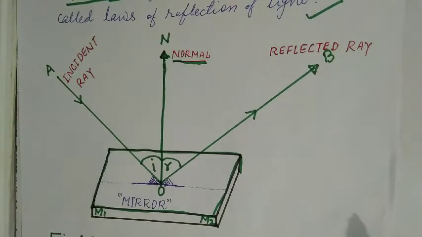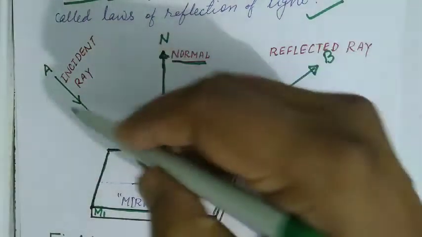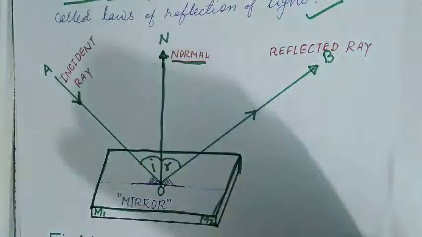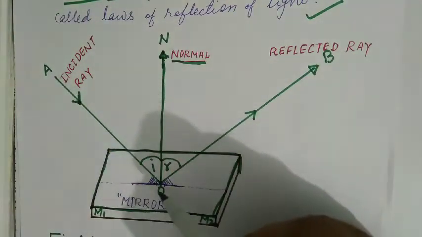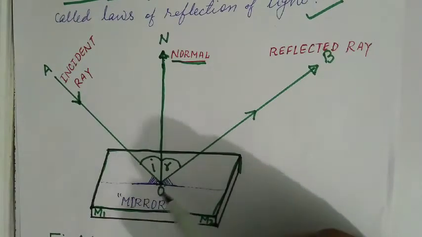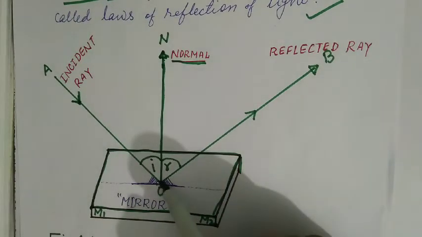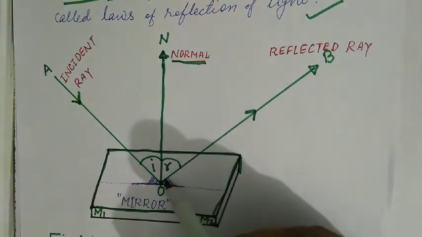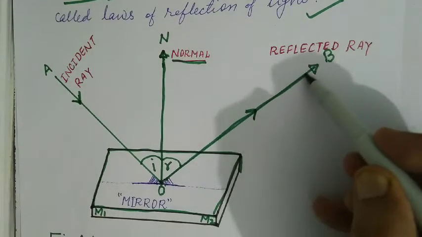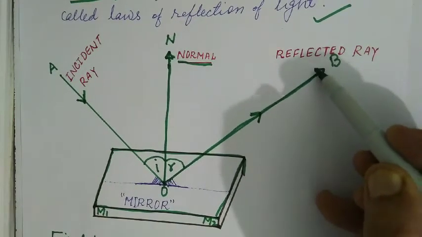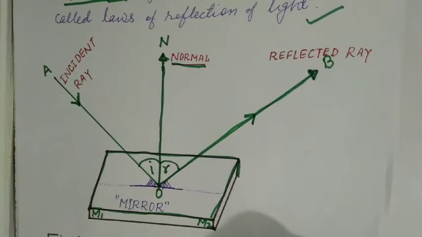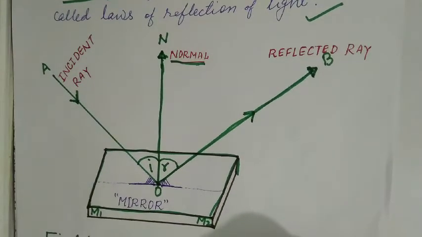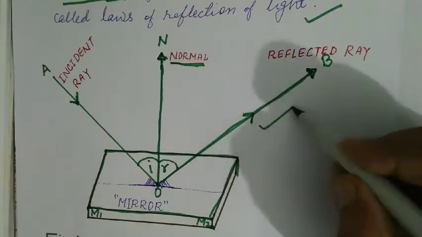The incident ray of light, the incoming ray of light, is allowed to fall on an object, and after reflection we see that there is a returning light which is called the reflected ray. After the reflection, the returning light is known as the reflected ray, in the same medium.